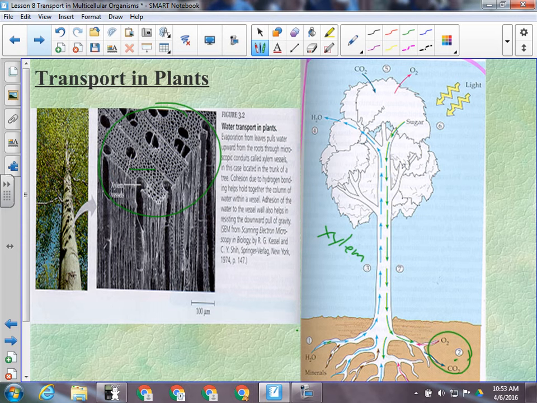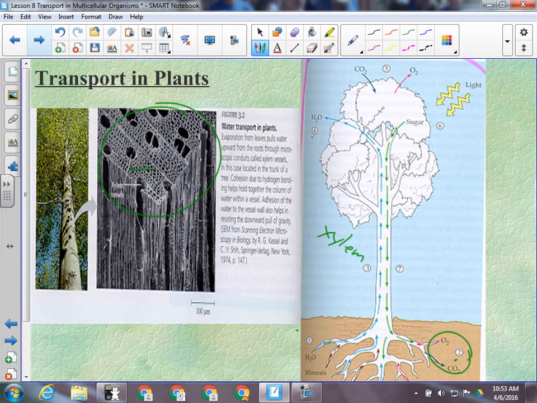Because overnight, how much water is a plant going to transport? Not much. There's not a lot of evaporation happening overnight because there's no sun, there's no photosynthesis going on, so the processes all kind of stall. We wouldn't want all the water to just fall back down to the roots overnight. So there's got to be those small tubes holding it there.